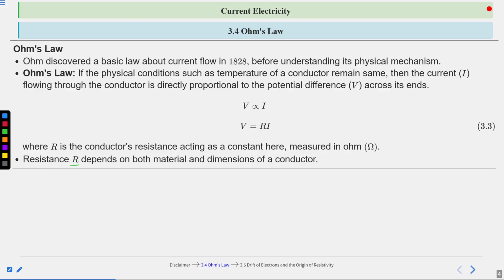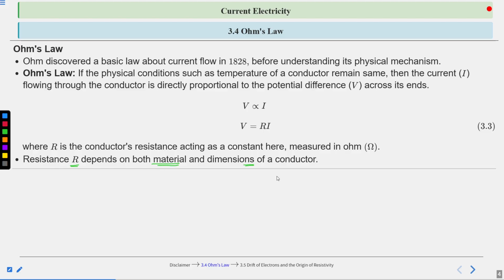So this resistance R only depends on the material of the conductor and the dimensions of the conductor. If the material is copper, silver or aluminium, it will depend on the material.